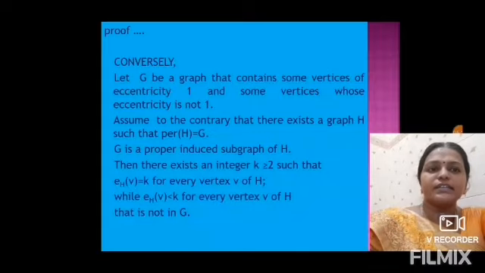Let G be a graph that contains some vertices of eccentricity 1 and some vertices whose eccentricity is not 1.